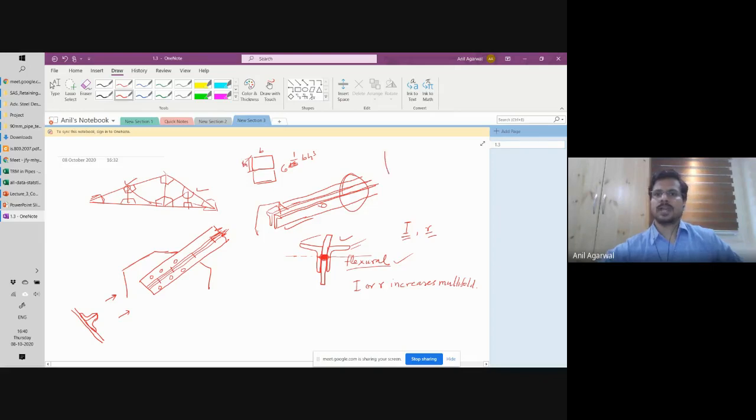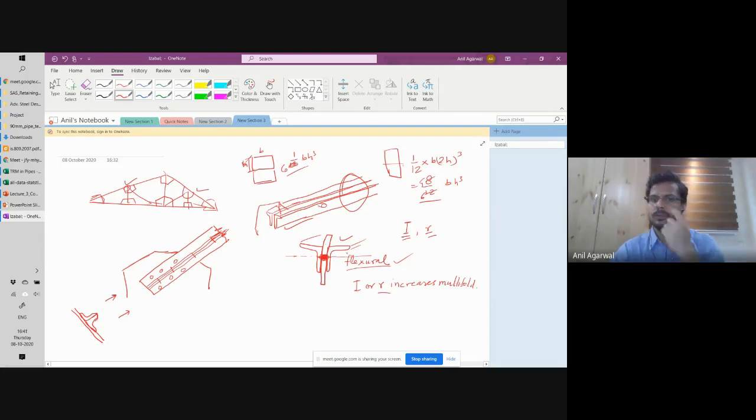But if I tie them together, then my moment of inertia is 1/12 B (2H) cube. How much is that? 8/12, that is 4/6 BH cube. Correct? So instead of 1/6 BH cube, you have got 4 times higher. So it is not just doubling, it is going 8 times higher.